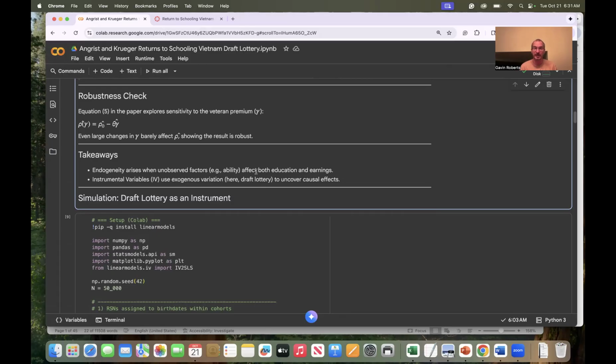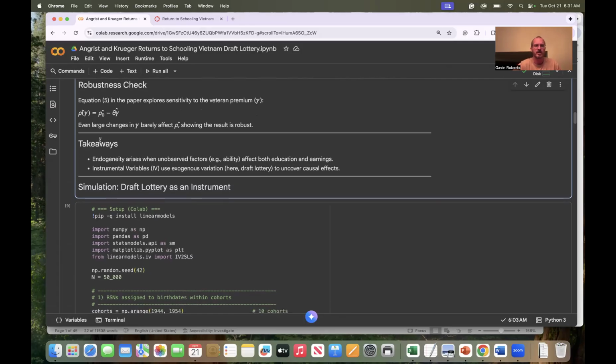What we really want to identify is just the effect of schooling, but we're using this strategy that also might be correlated with being a veteran. So we want to check, are we picking up the impact of being a veteran? They do a robustness check and show that even if we vary this theta parameter, which is essentially the effect of being a veteran, we still get the same result on schooling.